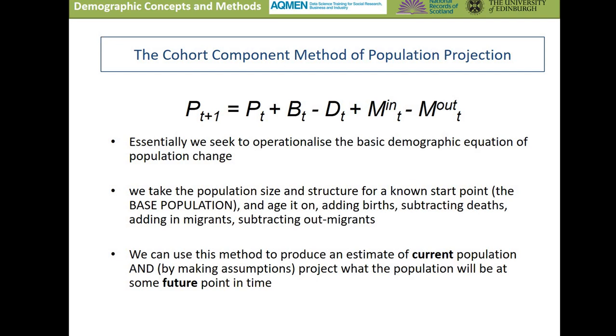So we're essentially taking the population size and age structure for a known start point. We're aging that population on after taking into account additional births, taking away deaths, adding in migration, and subtracting out migrants. So we can use this method in two ways. We can use it to update census estimates to produce an estimate of the current population. And we can also, by making assumptions about the future, project what the population will be like at a future point in time.